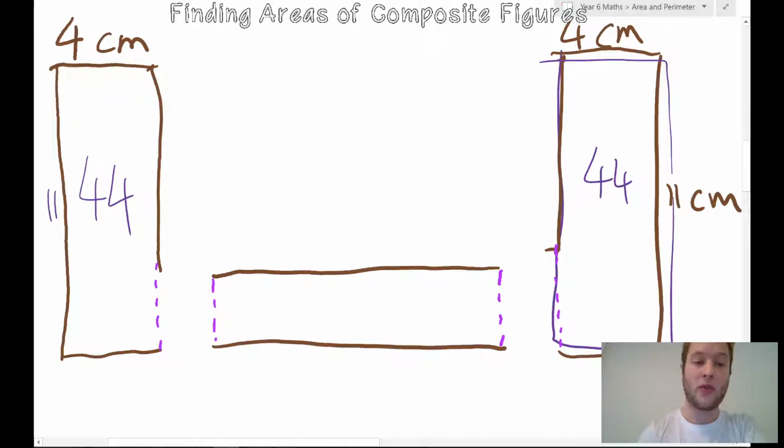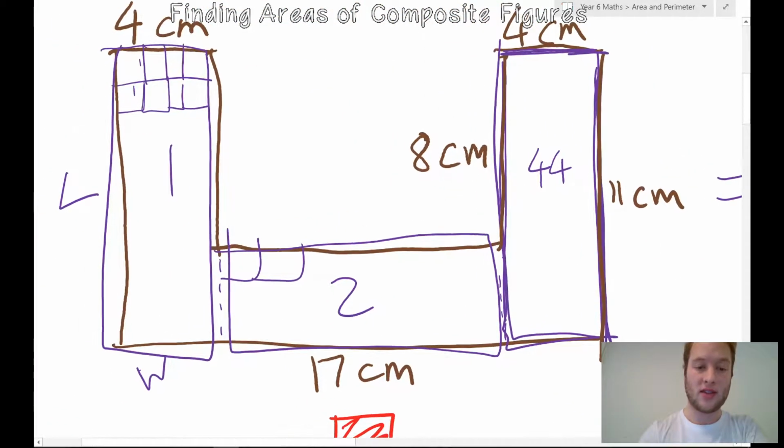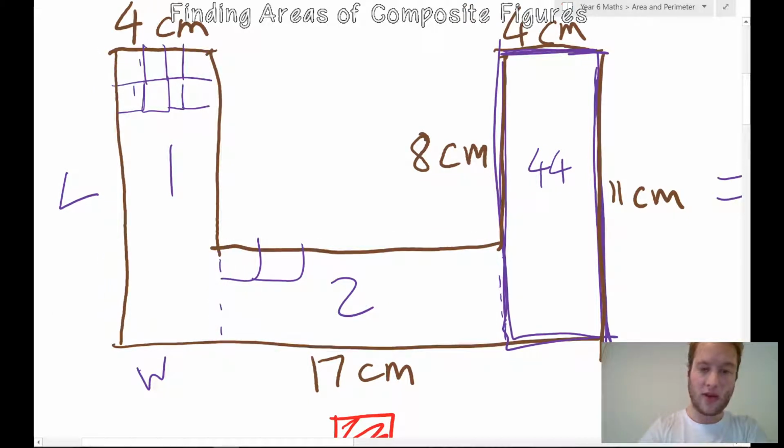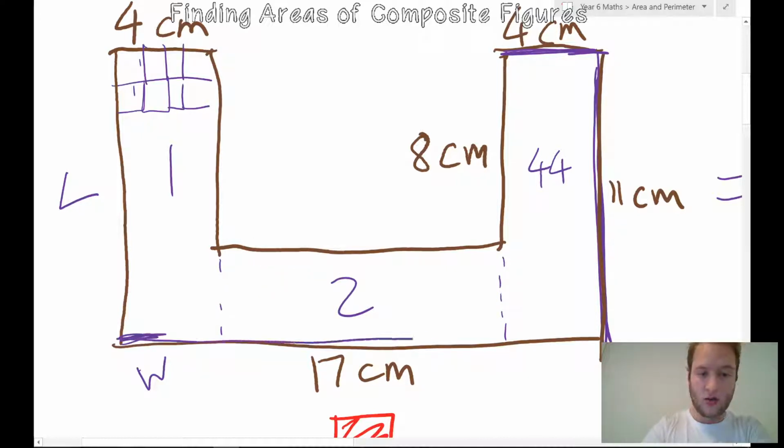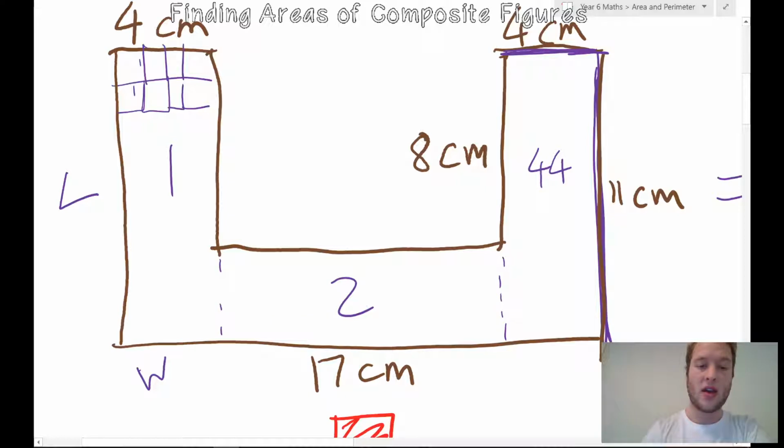Now we just have to work out what this rectangle is. If we go to our original picture, we can see, sorry about all these purple lines, I'll try and rub some of these out to make it a bit clearer. From here all the way to the end is 17 centimeters.